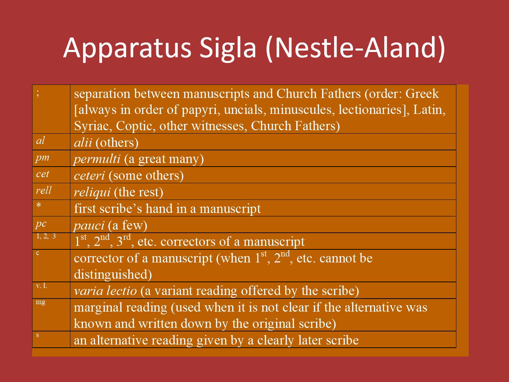PM would be per multi, and that would mean a great many other manuscripts, and so forth. Have a look at this. Know that you can come back to this, but really all this is what you'll find in Nestle-Aland, although unfortunately they're not going to be translating the Latin. So this can be helpful for you.